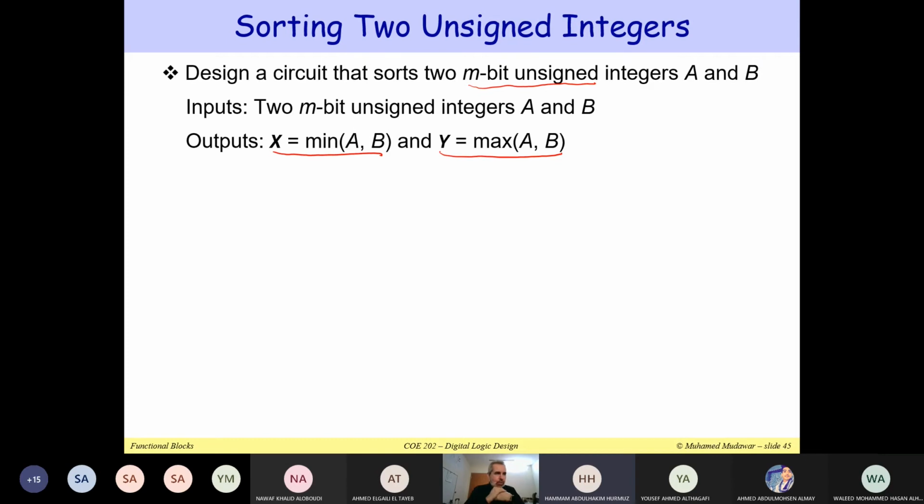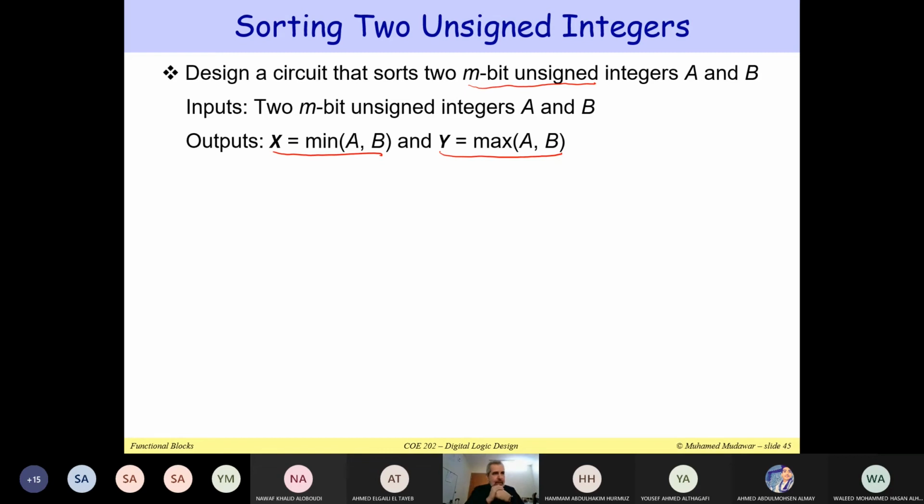Yes, why do I need a magnitude comparator? So I can determine which is the minimum and maximum. Yes, so that you can compare them. Exactly. All I need is just to know if A is less than B or not.